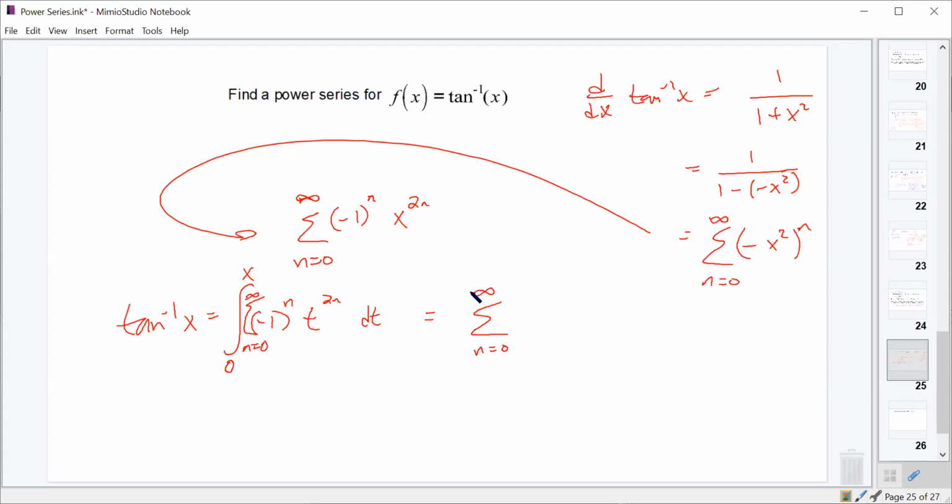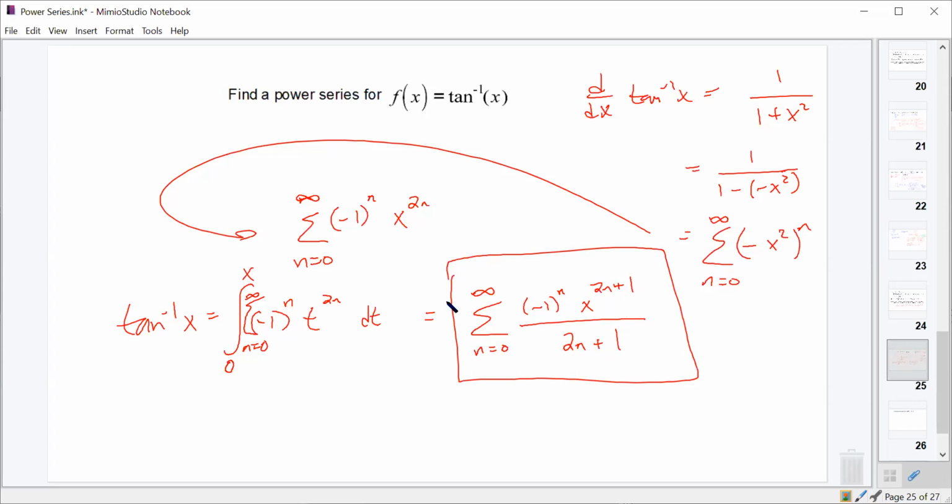The sum from n equals 0 to infinity of negative 1 to the n, and then our t to the 2n becomes an x to the 2n plus 1, and we'll divide by 2n plus 1. Good or no? This is our series for inverse tangent of x.